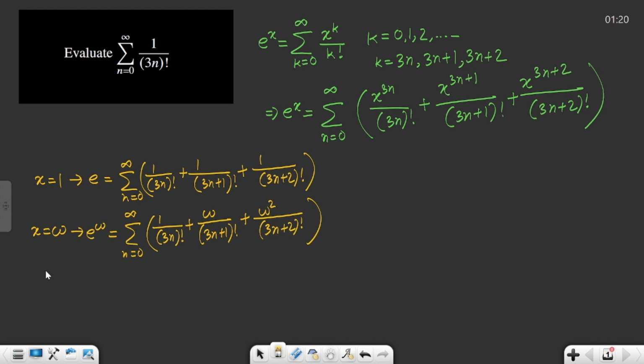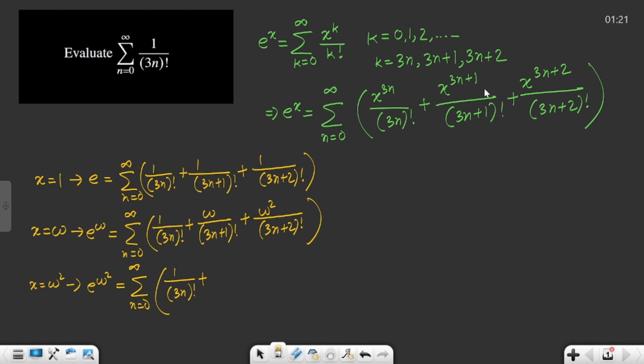Clear? Okay. Now what we will do? We will put x equal to omega square. So we will get e to the power omega square equal to the summation n equal to 0 to infinity. Now here omega square to the power 3n is omega to the power 6n, and 6n is also a multiple of 3, so that is also equal to 1, so 1 by 3n whole factorial, right?